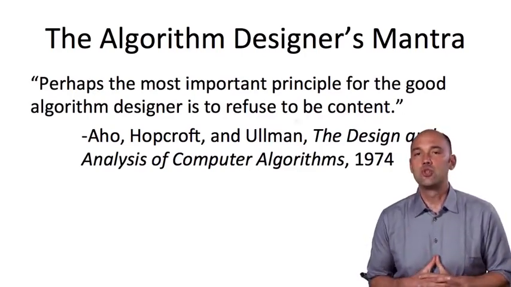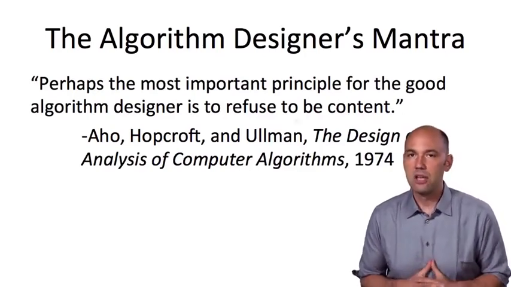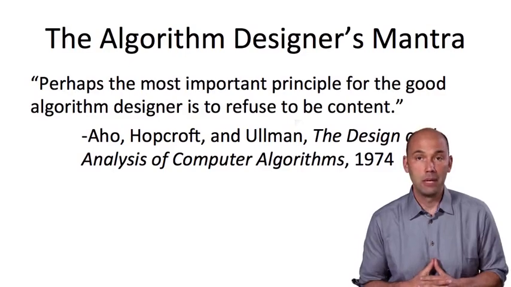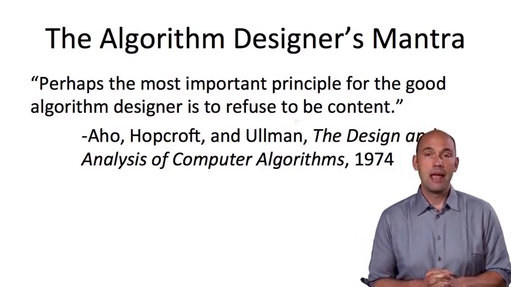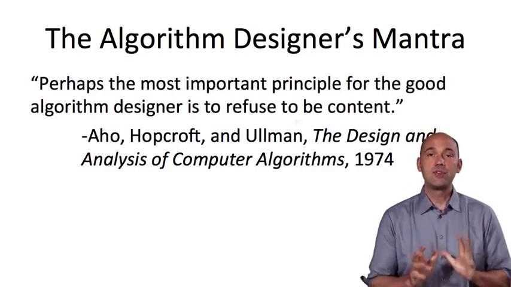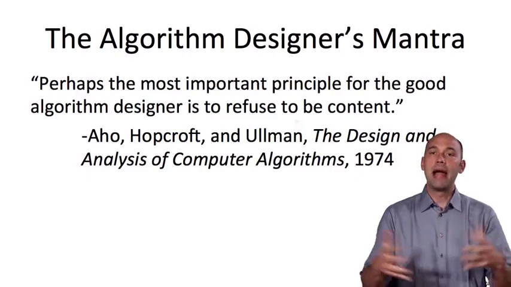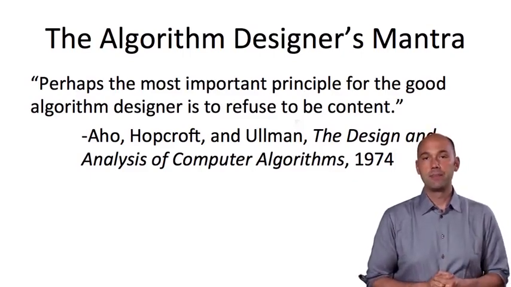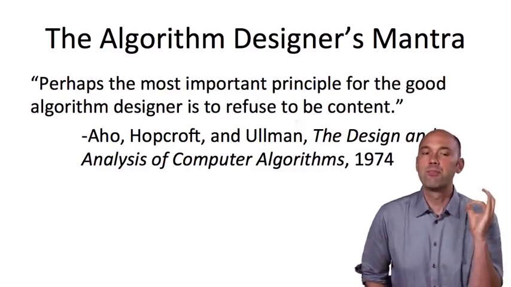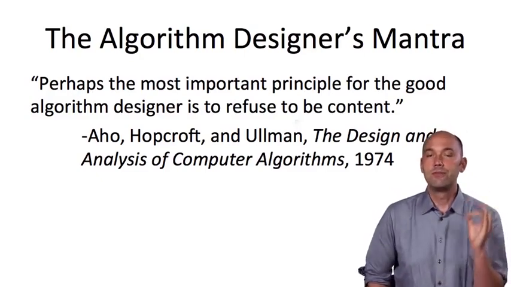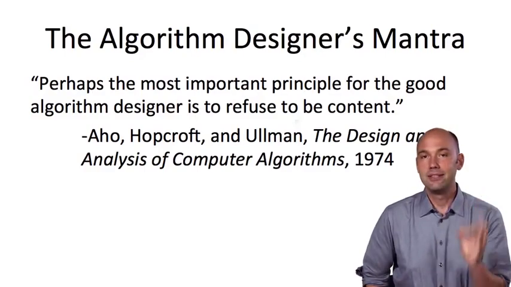An early and extremely important textbook on the design and analysis of algorithms was by Aho, Hopcroft, and Ullman. It's about 40 years old now. And there's the following quote, which I absolutely adore. After iterating through a number of the algorithm design paradigms covered in the textbook, they say the following: perhaps the most important principle of all for the good algorithm designer is to refuse to be content.